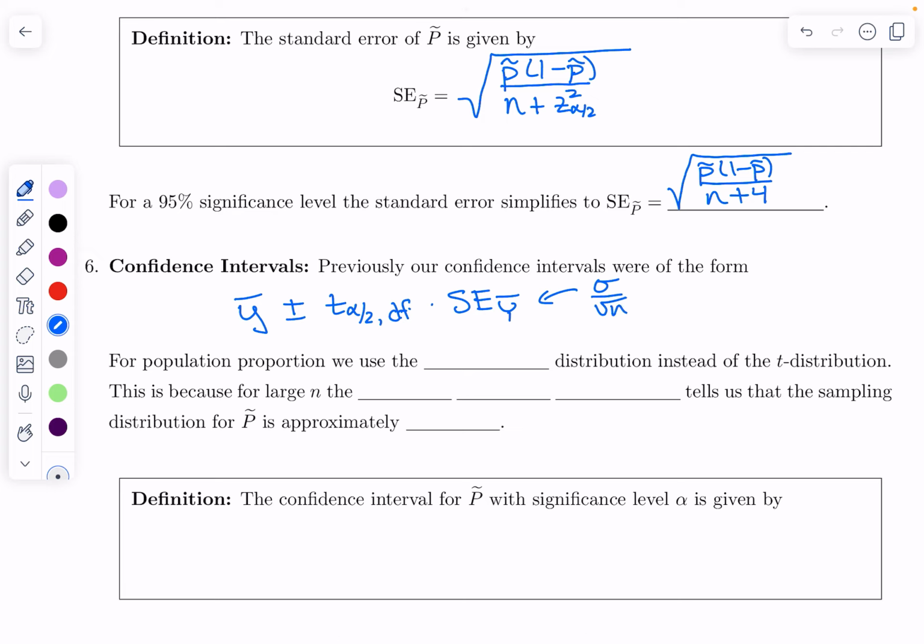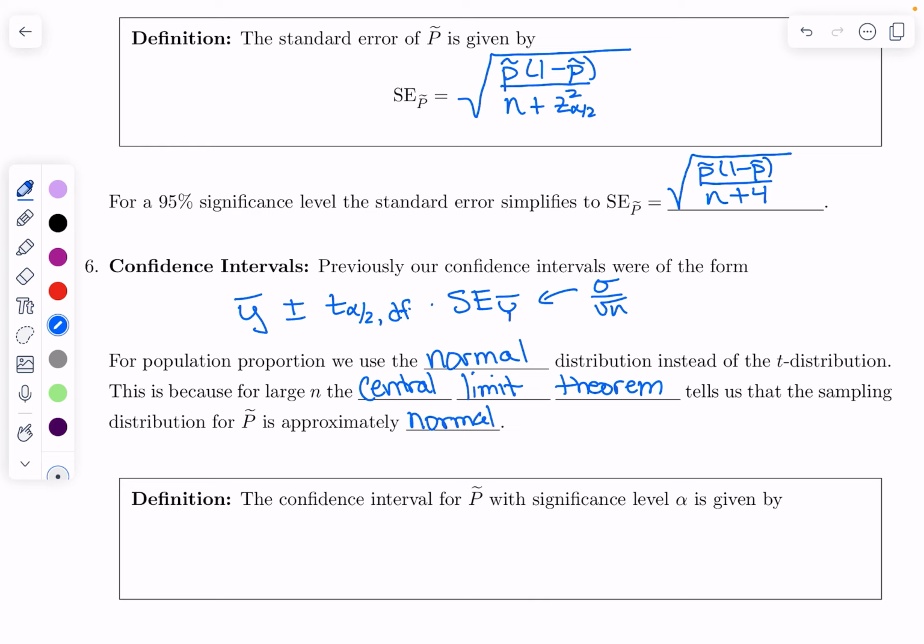But for a population proportion, we're going to end up using the normal distribution instead of the t-distribution. This is because for large n, the central limit theorem is going to tell us that the sampling distribution for p tilde, which is binomial, but for large n is going to be approximately normal.